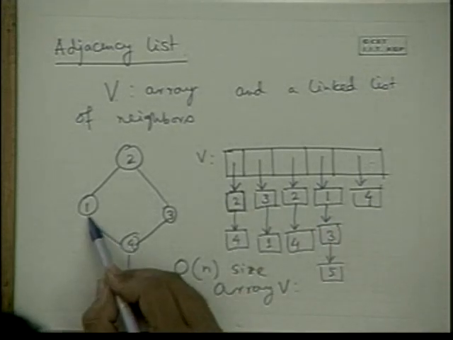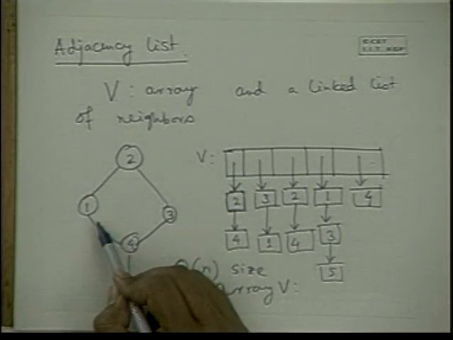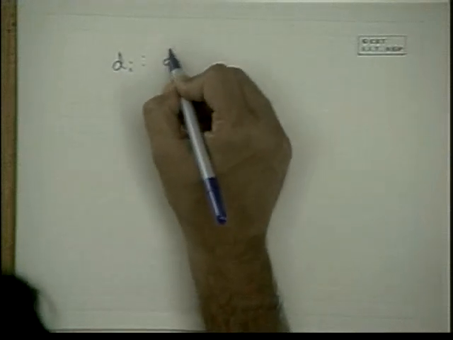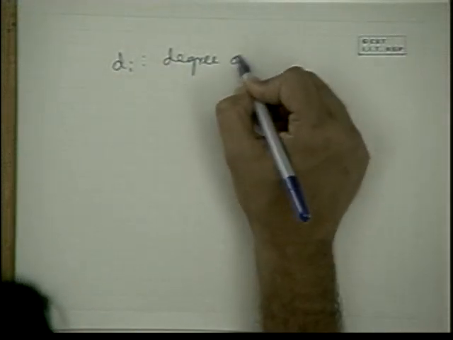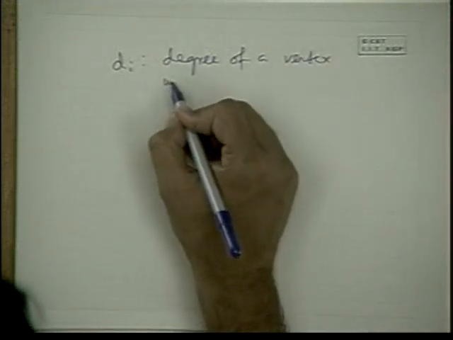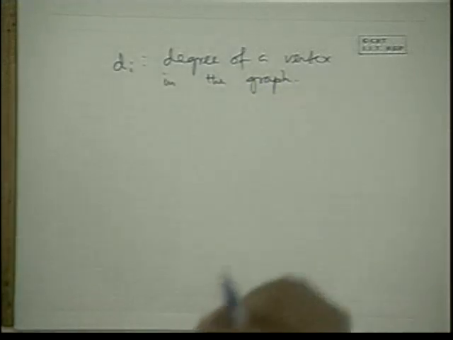It is nothing but the sum of the degrees of each vertex. So let us see what is the sum of the degrees of all vertices in a graph. Suppose di is the degree of a vertex in the graph. What do we mean by degree? It is nothing but the total number of neighbors, or total number of vertices adjacent to the vertex i.